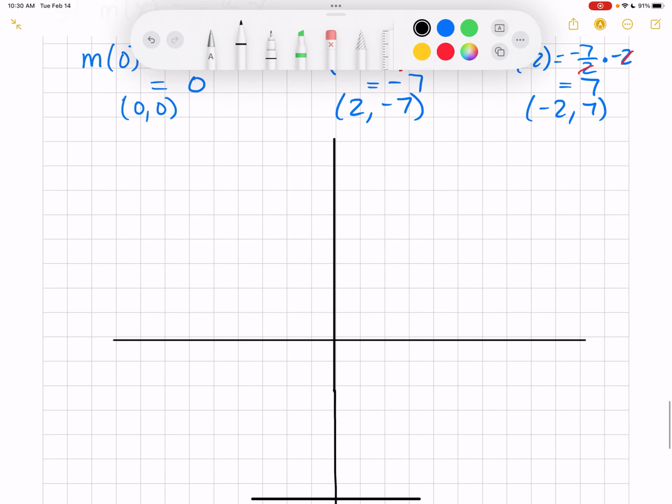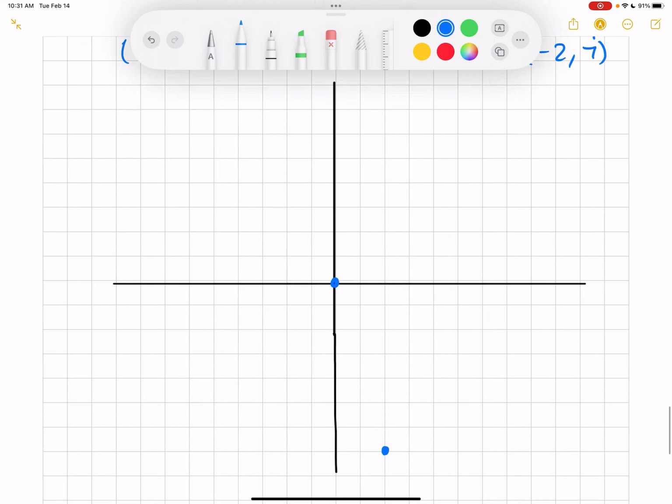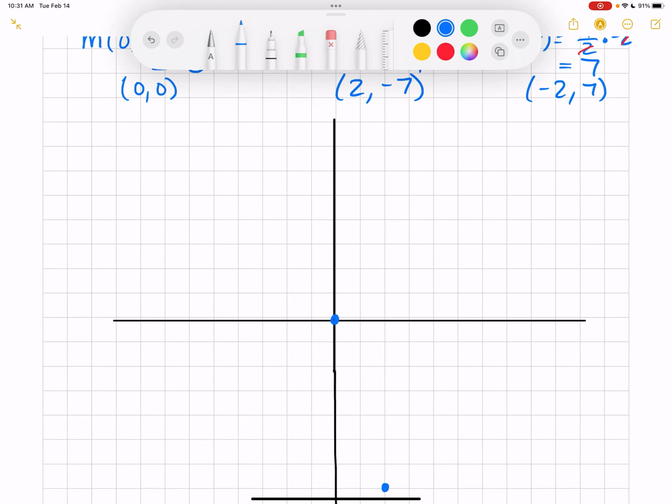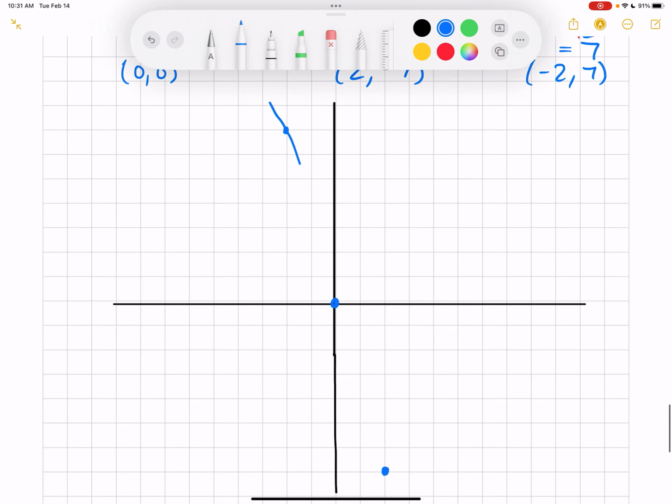All right, so at 0, 0, I have a point. At 2, down 7: 1, 2, 3, 4, 5, 6, oh no, 7. And at negative 2, I'm up 7: 1, 2, 3, 4, 5, 6, 7. So this graph was going down this time. Okay, it fixed it.